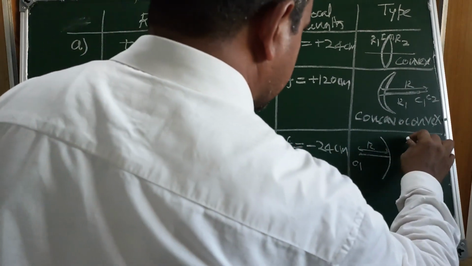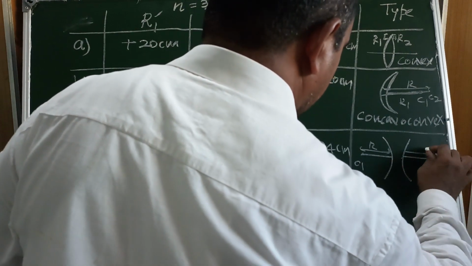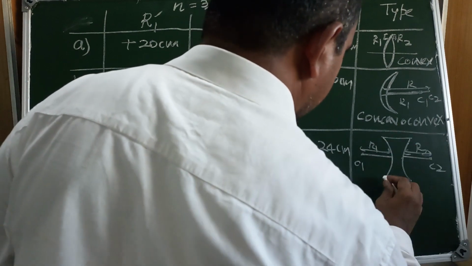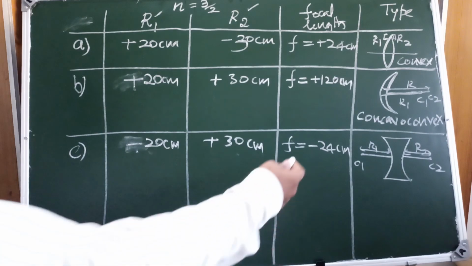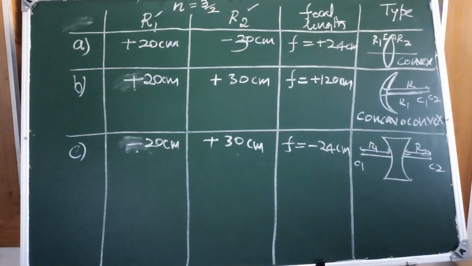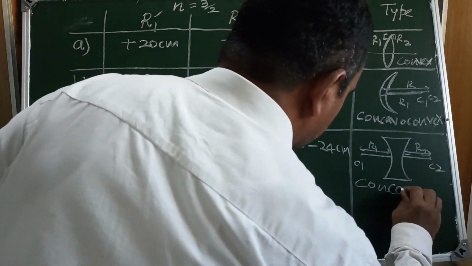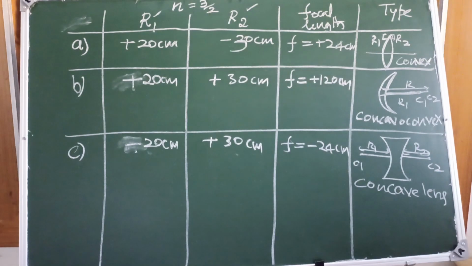R2 is positive, so it is like this. Here is C2, and here is R2. Then if you join, it becomes a diverging lens. Focal length is negative for a diverging lens, and it is a type of concave lens.